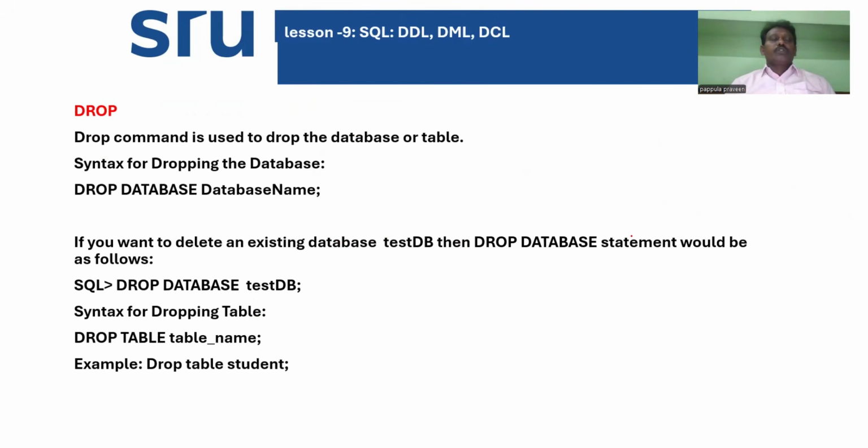If there is no need of the database, then we can permanently remove the database by using the drop command. If you want to delete an existing database, test DB, then the drop database statement would be as follows: drop database test DB. Syntax for dropping table: drop table name.